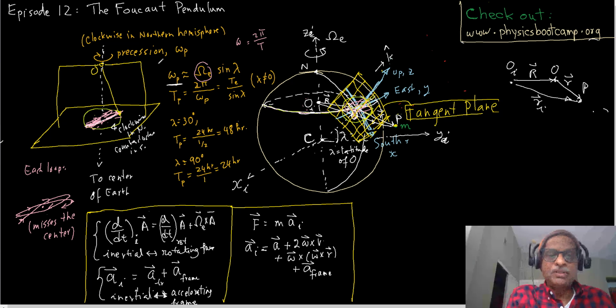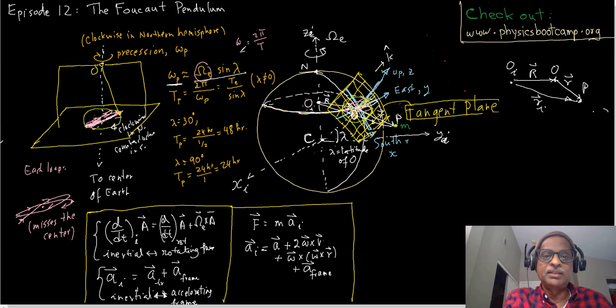And this rotation is called precession, and the precession frequency is related to the angular frequency of the Earth in this way. You can convert that into time by 2 pi over the same formula for this precession frequency, so the time will be 2 pi over omega Earth.